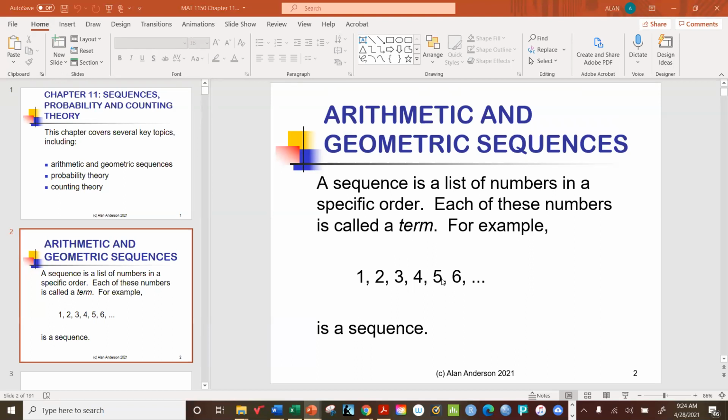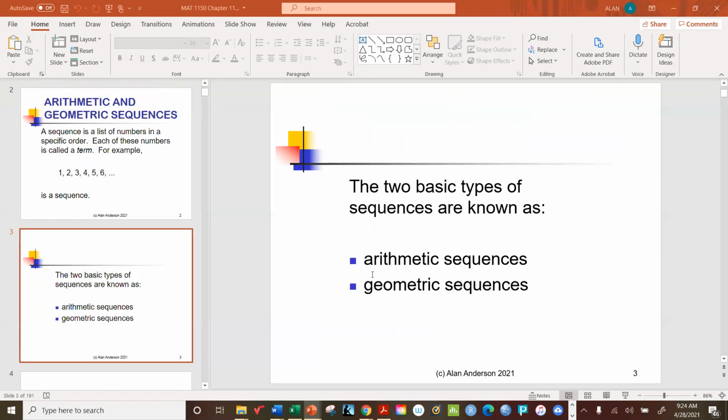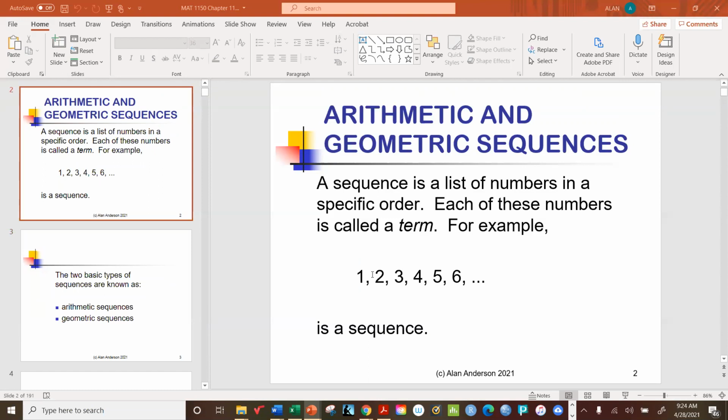These aren't just a bunch of random numbers. They have a specific pattern to them. That pattern involves adding one to each number to go on to the next one. In other words, each term here equals the previous term plus one. And because of this, we'll see in a minute that this is referred to as an arithmetic sequence.